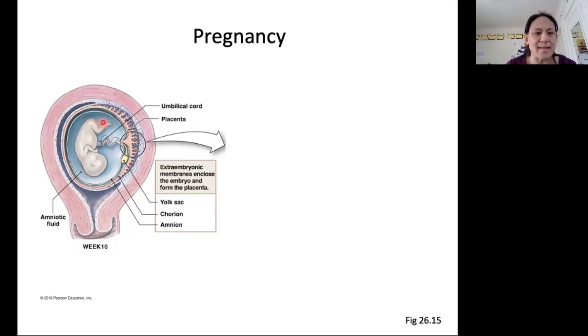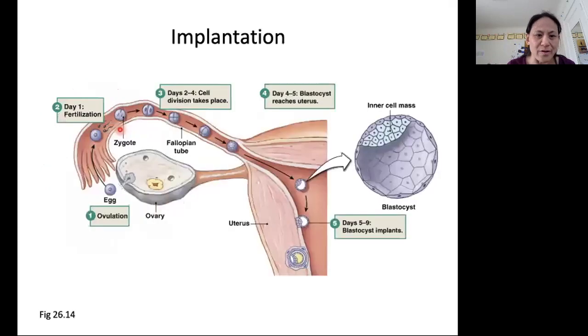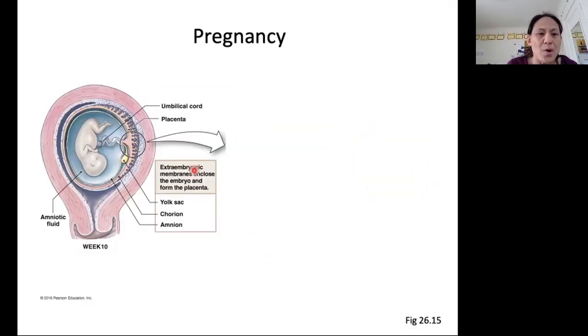I also want to say that part of that outer layer of cells that were part of this blastocyst become the outermost layer of membranes surrounding the baby. That's the chorion. Okay, so we have basically three membranes around the baby: the amnion, the allantois, which is not labeled, and then the chorion.